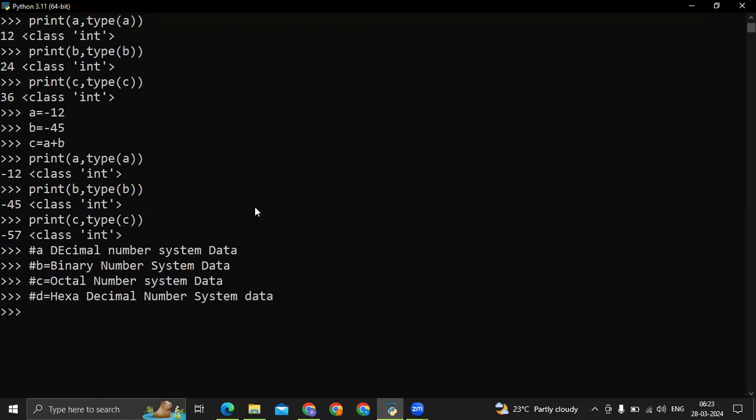So in integer values, we have these four different number system data.